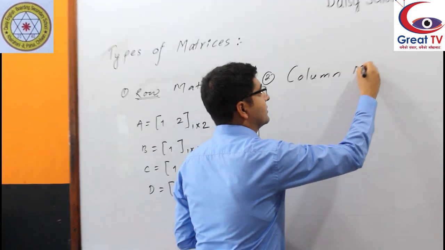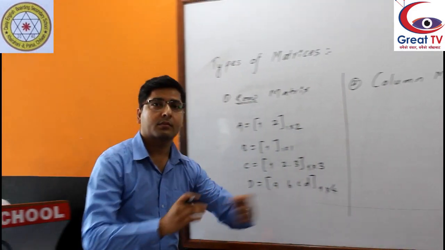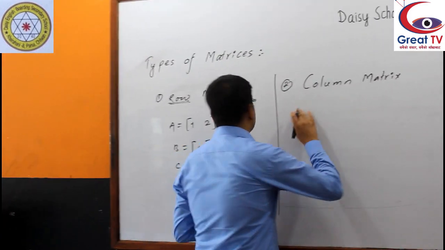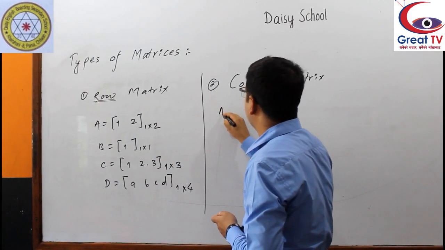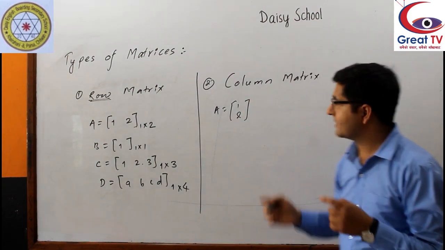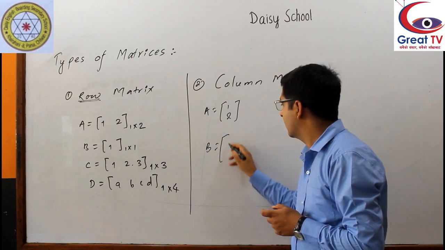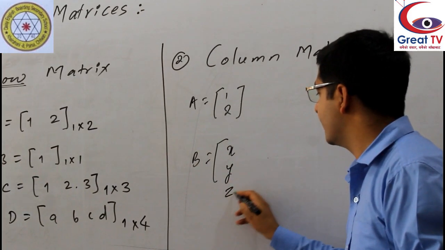Okay, next one, column matrix. Now students, you can see here, A equals 1, 2. We have matrix A for column matrix. B equals x, y, z.